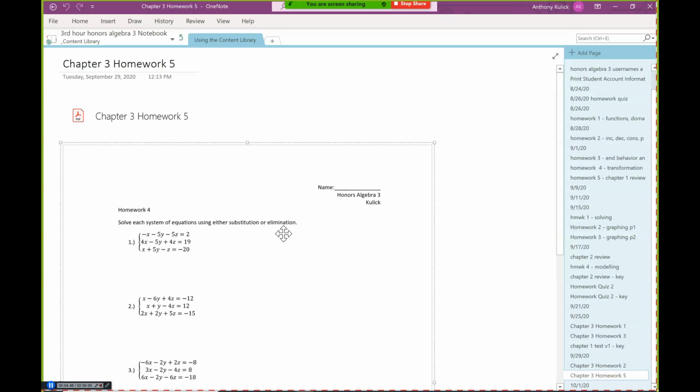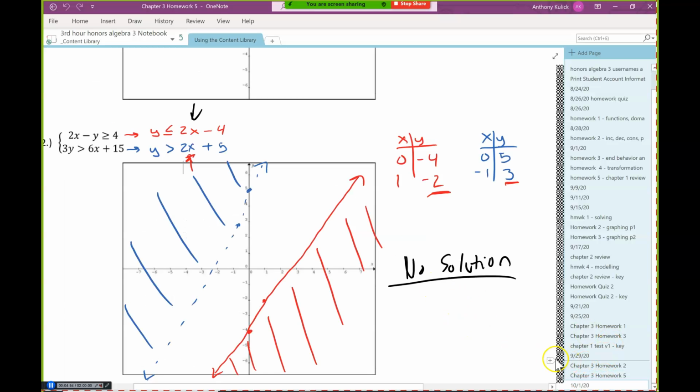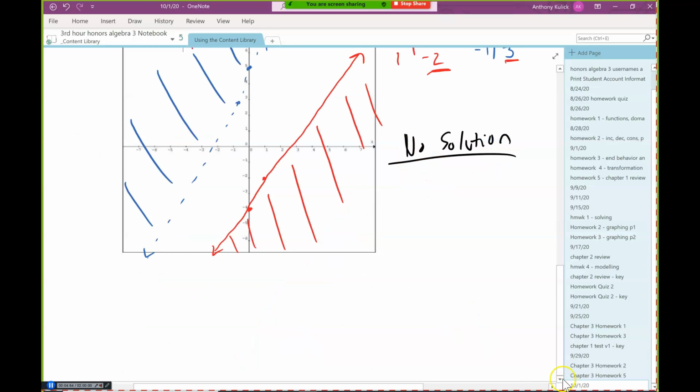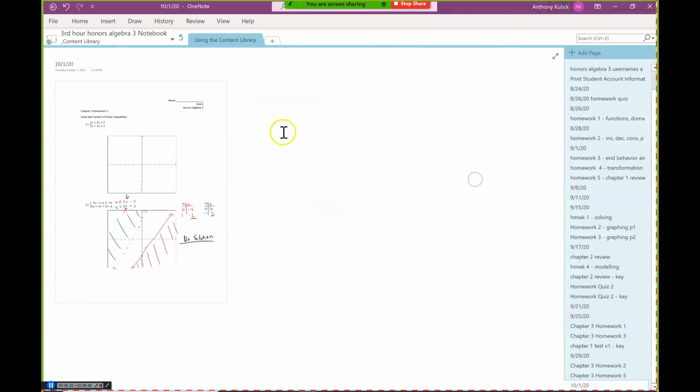I saw your hand come back up, but we were done with that problem? Okay. I just wanted to double check before I moved on, since I saw your hand come up there. Okay, so you like doing things the hard way, I see. That's okay.